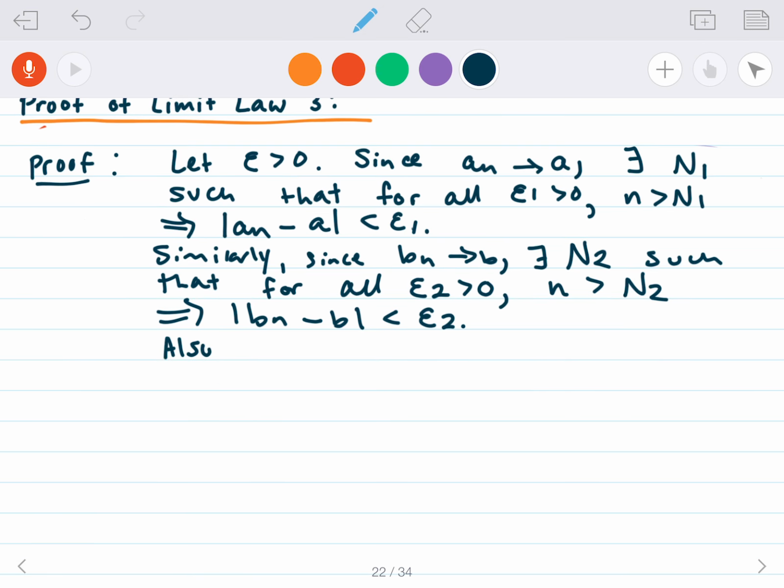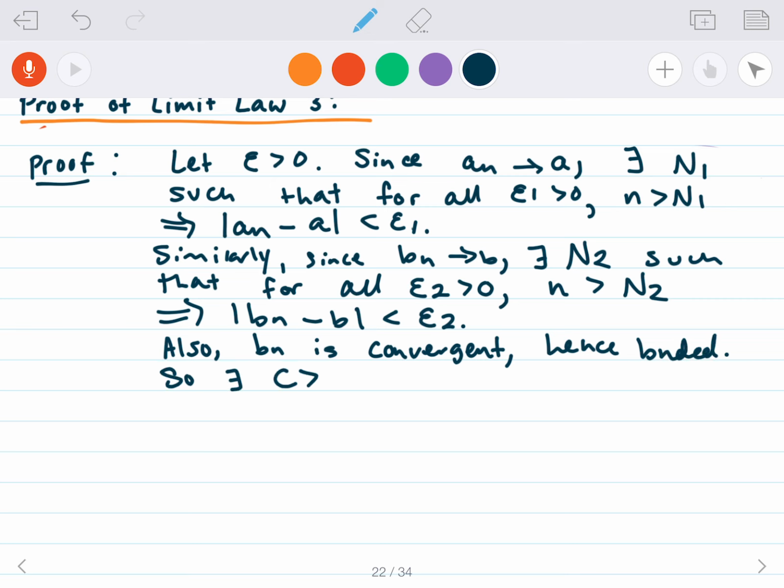Also, b sub n is convergent, hence bounded. So there exists some positive real number c such that the absolute value of b sub n is less than or equal to c for all n.